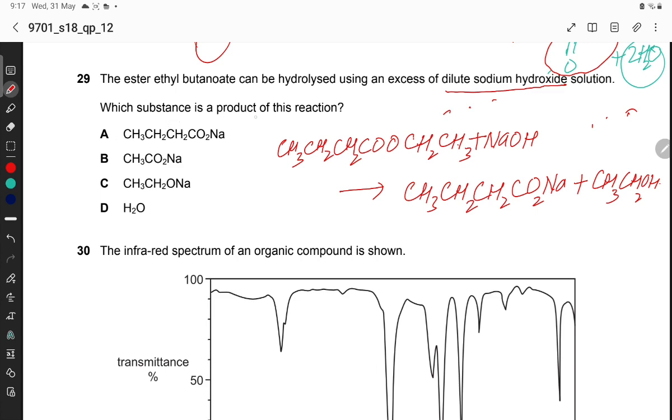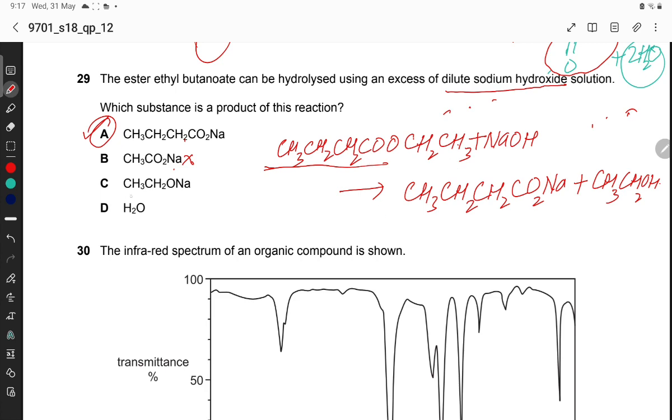So which substance is a product of this reaction? CH3 CH2 CO2, this is sodium ethanoate, so it is not correct because the butanoate salt is present.